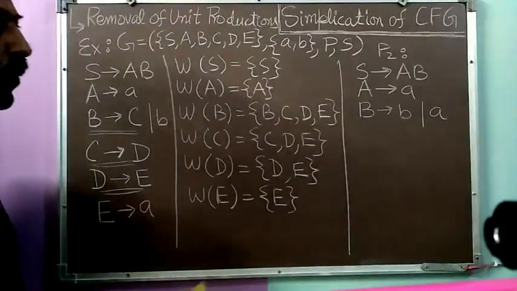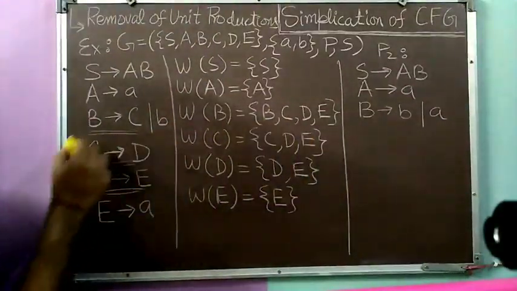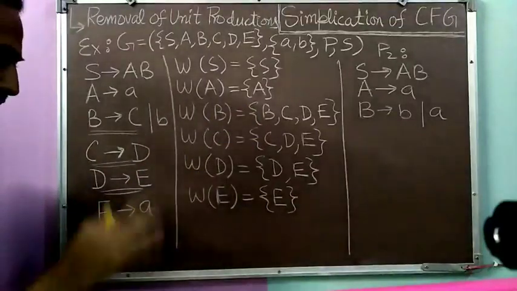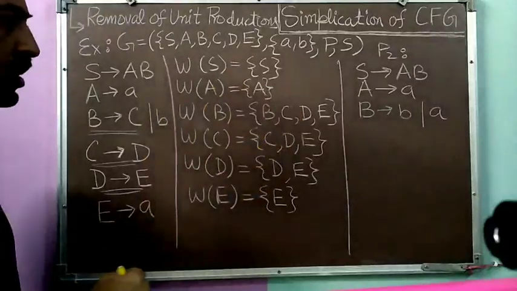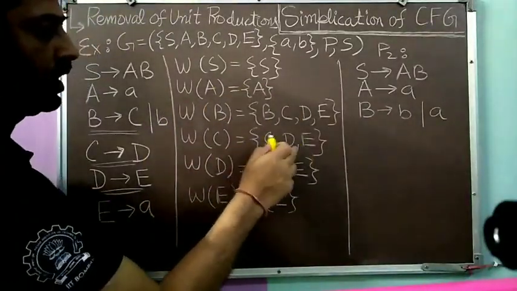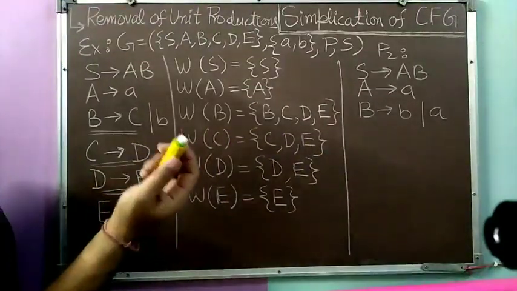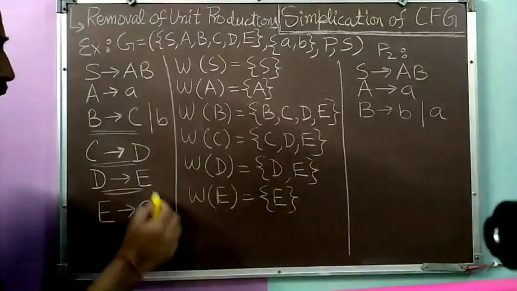Similarly, I will be doing it for C. When I go for C, I do not have any non-unit production, so nothing will be added from step A. Now, from step B, I have to look at the productions of the other variables present in WC, that is D and E. For D, I do not have any non-unit production, but for E, I have a non-unit production.